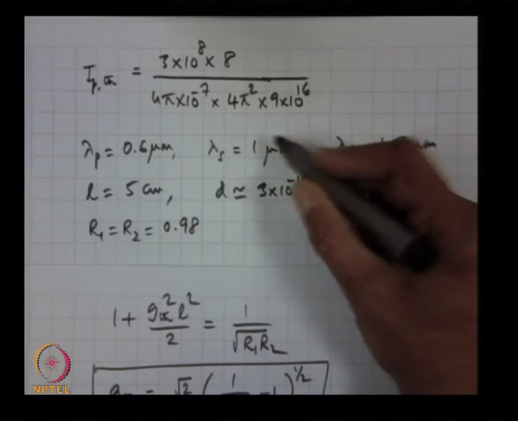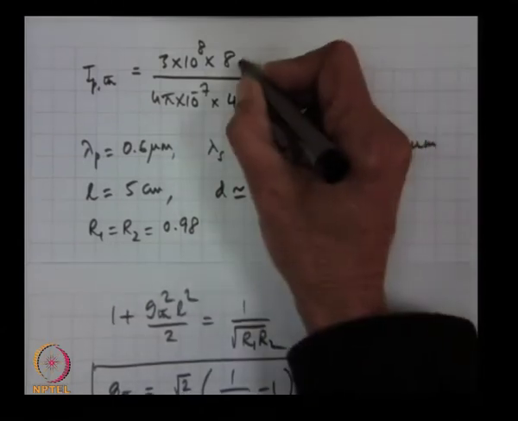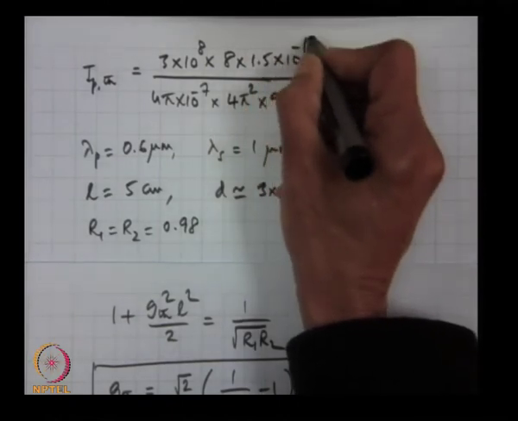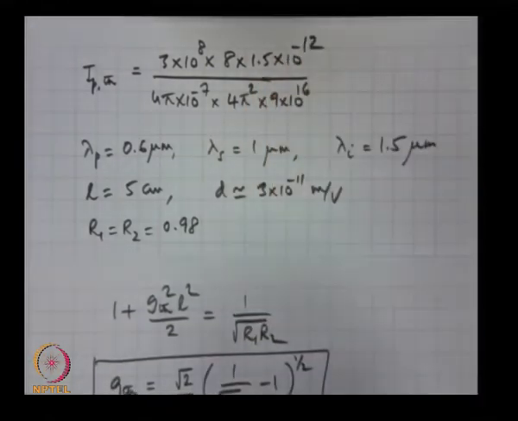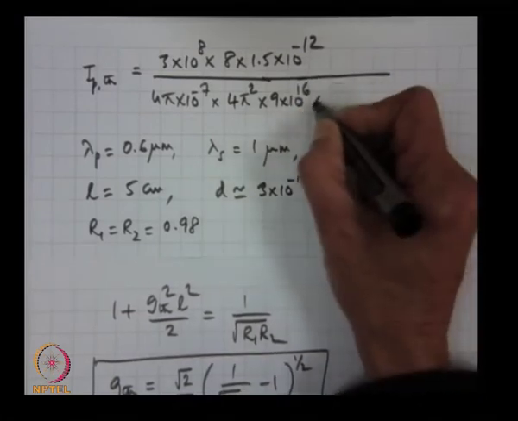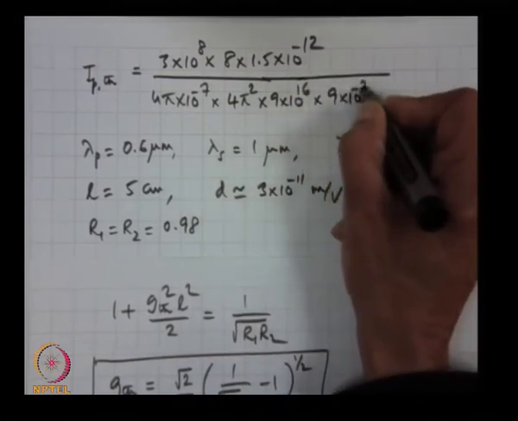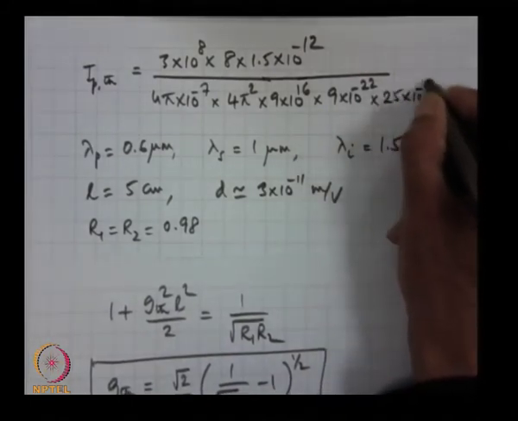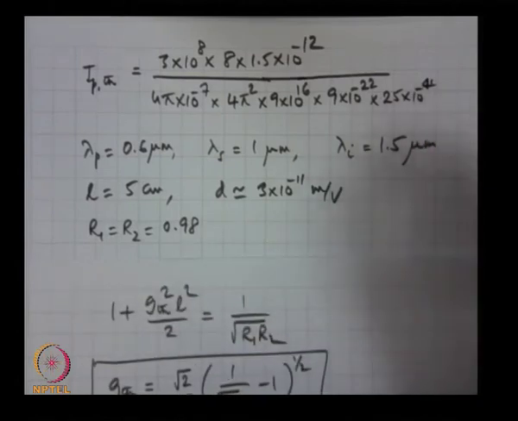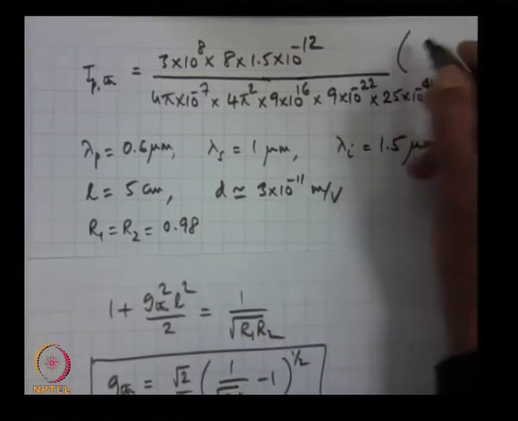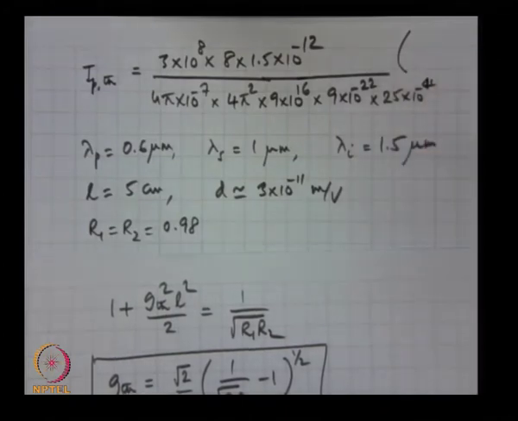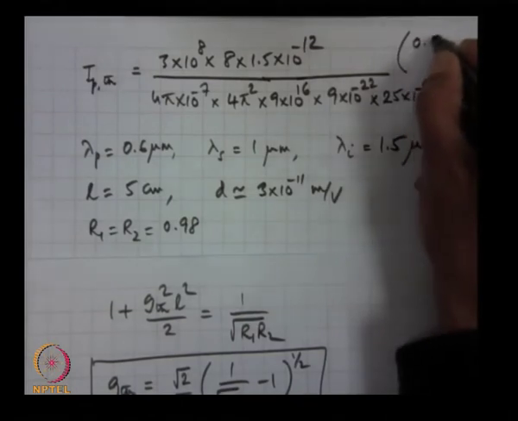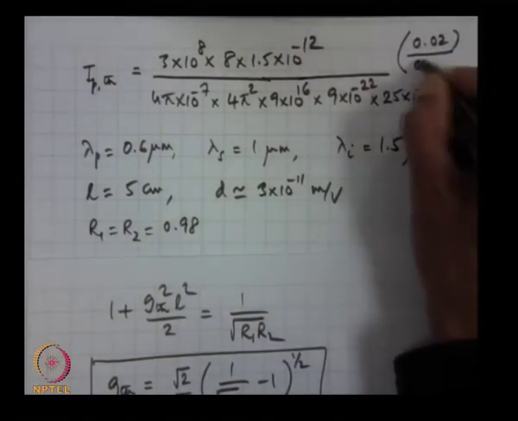So 4 pi square C square by lambda square, which is 1.5 10 to the minus 12 into D square, which is 9 into 10 to the minus 22 into L square 25 10 to the minus 4 into 1 by r minus 1, 1 by 0.98 minus 1, which is 0.02 by 0.98.